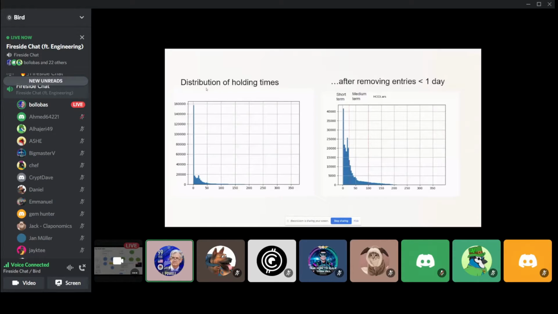Okay, now we're getting into the analytics of what's happening on BSC. On the left is a distribution of different wallets' holding times in number of days. What's jarring to me on the left is that within 1 day, that's how long most people hold things for.